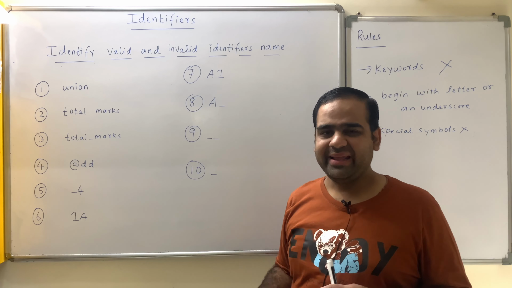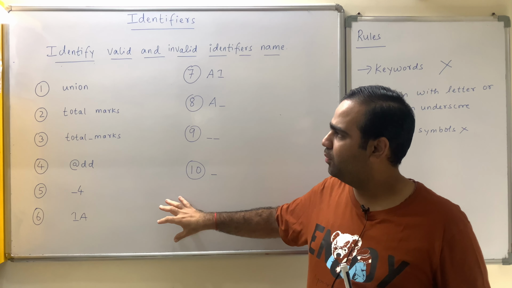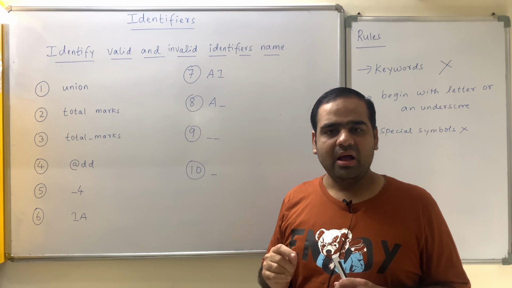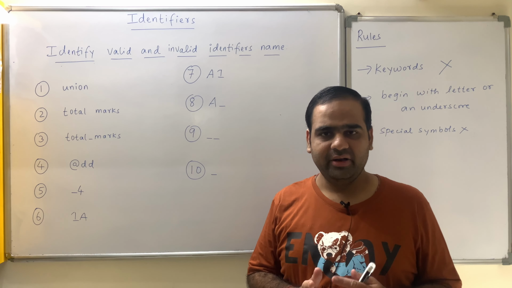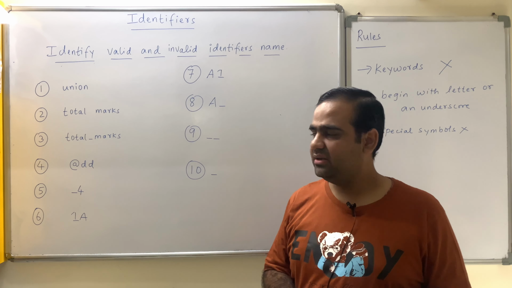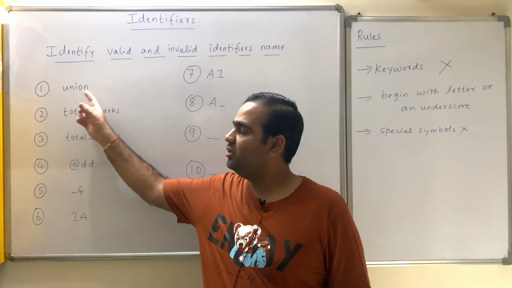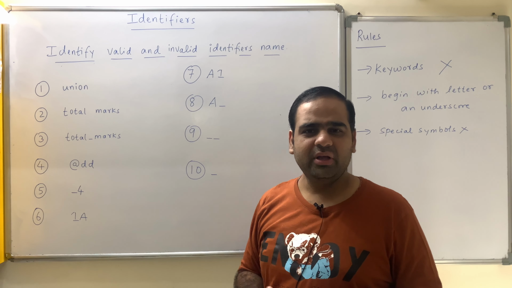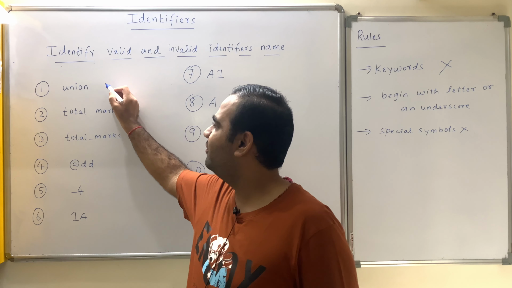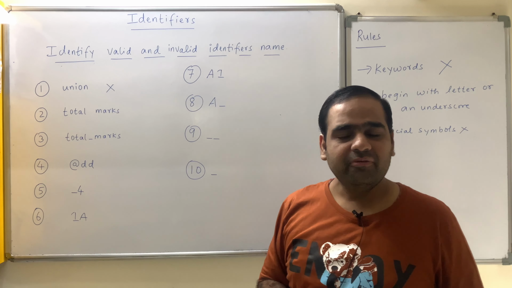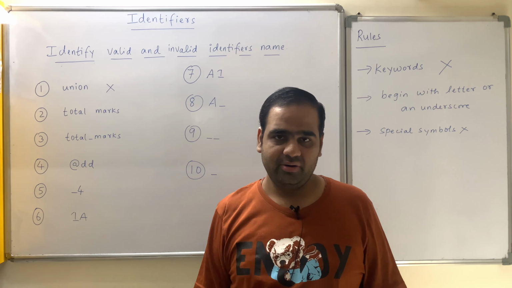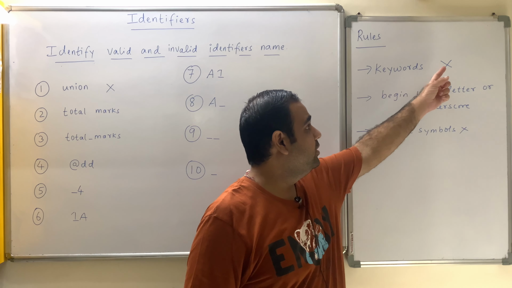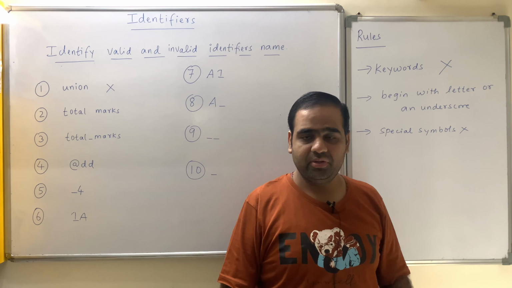Now, before I explain this, I want you to pause the video here and write down the valid and invalid identifier names. Okay, let's see. The first one is union. This union is an invalid identifier name. Why? Because union is a keyword and keywords cannot be used as identifier names.